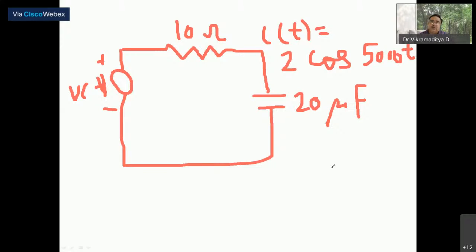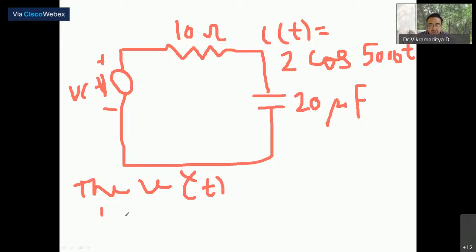The four options are given, where the question is: the applied voltage v(t) is how much?